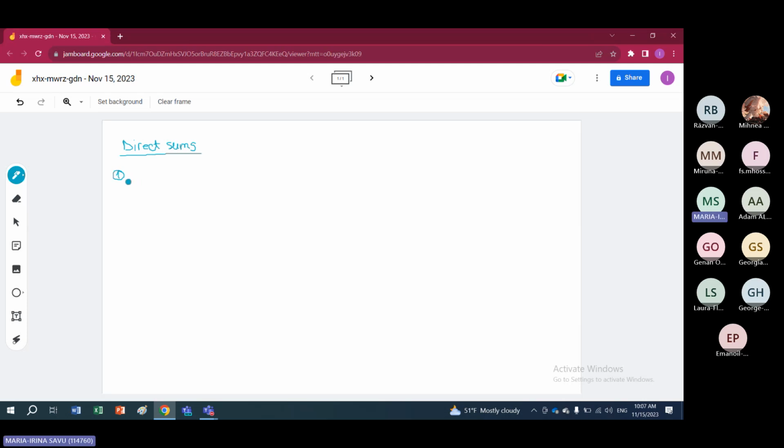So I'll combine Euclidean vector spaces with direct sums. We'll consider a space W, which is actually the span of two vectors. Let's say V1, which is (1, 2, -1, 0), and V2, which is (0, 0, -2, 4).